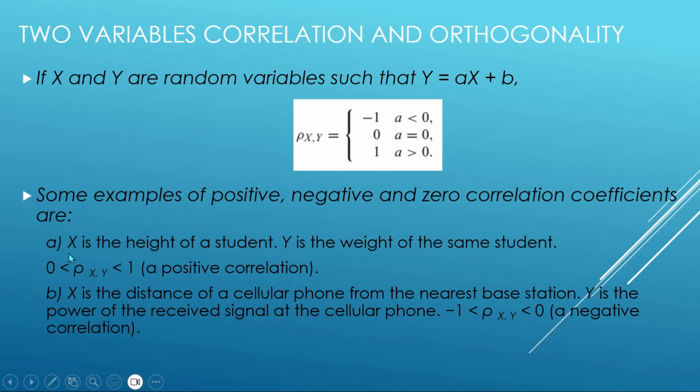The first example is that X is the height of a student, meaning X is a random variable which indicates the height of a student, and Y is the weight of the same student. In this case, the correlation coefficient rho will be positive, meaning its value will be greater than 0 and less than 1.